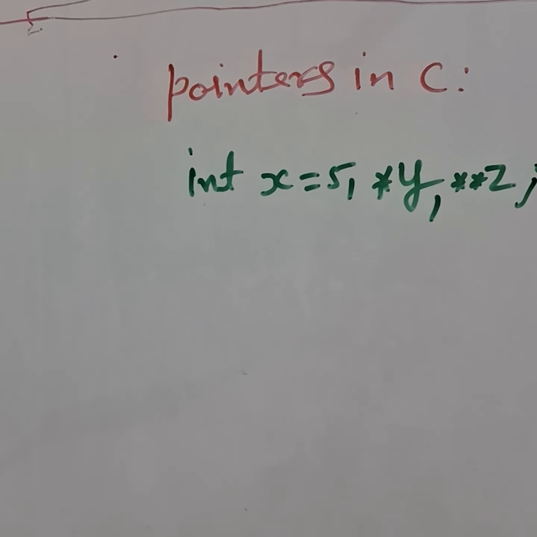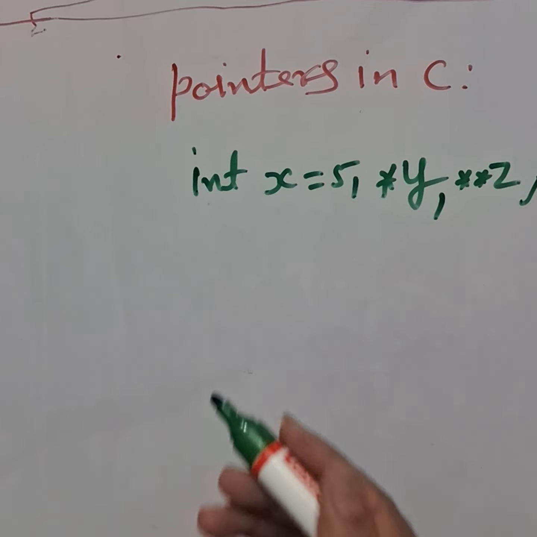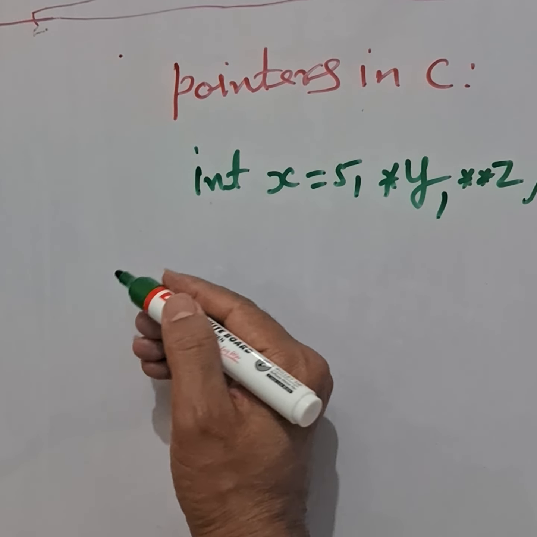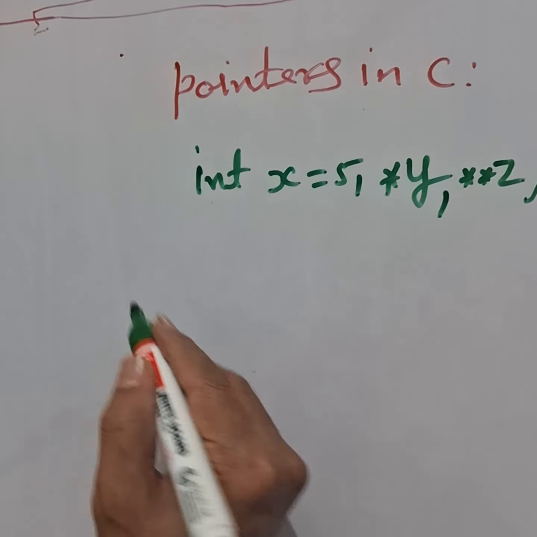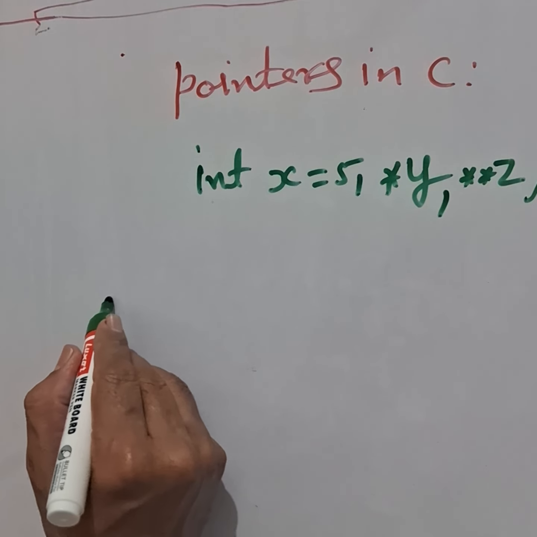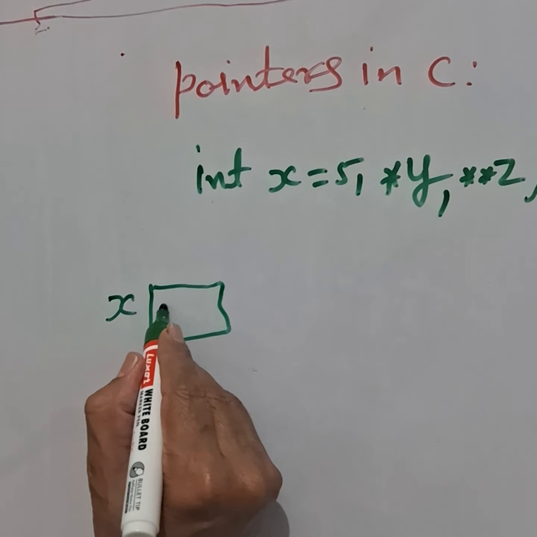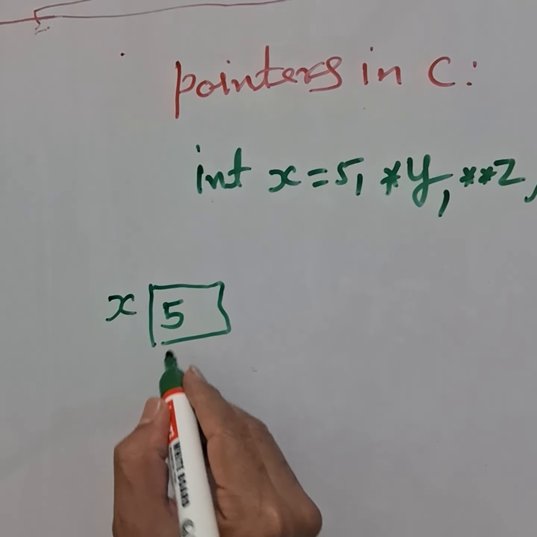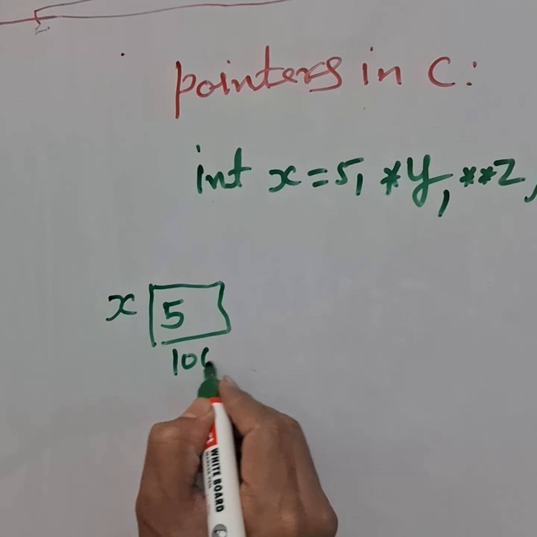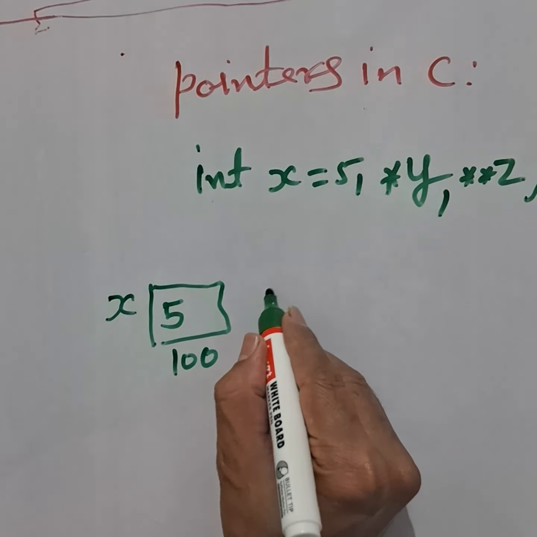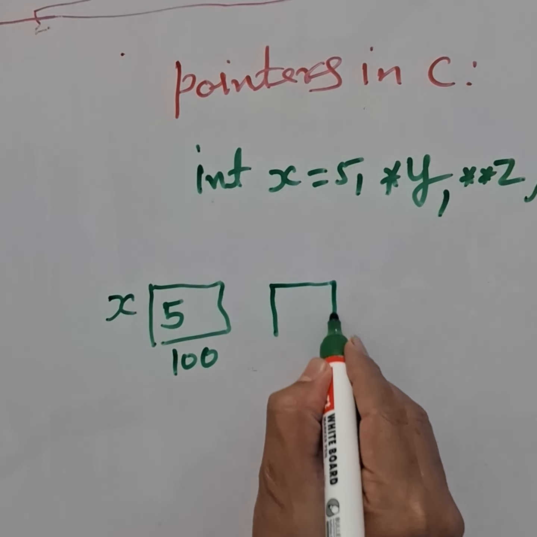So in this case, suppose we are trying to represent these variables in memory. Suppose in the memory, this is our x, which has value 5, and let's say its memory location is 100. Then there is another variable y.